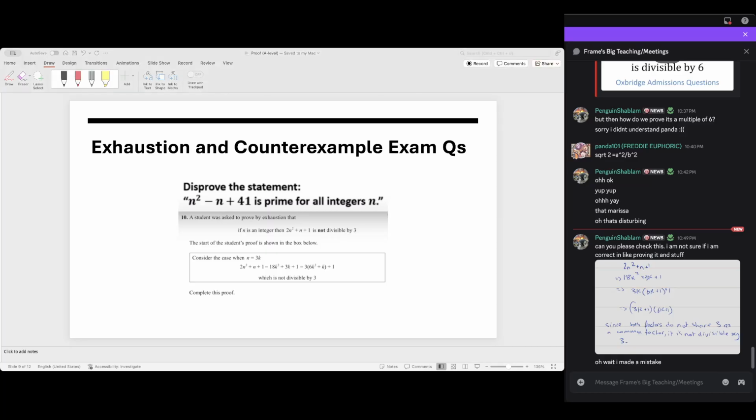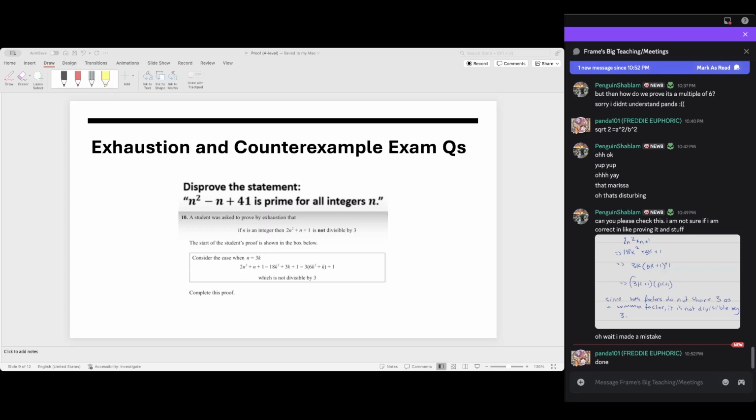So 3k plus 1, that means (3k plus 1) squared, and then 2 of that plus 3k plus 1 is equal to 18k squared plus 15k plus 4, which is equal to 36, and then you know that it's not divisible.